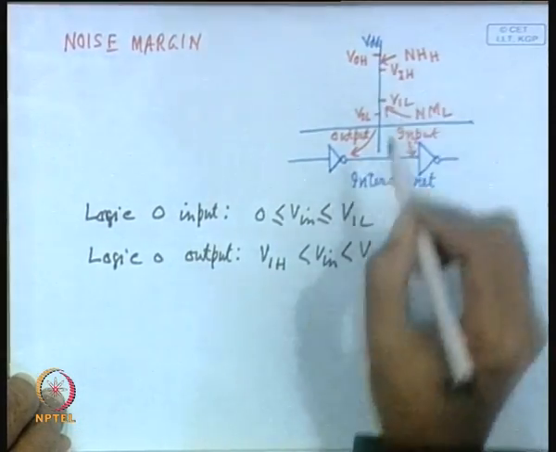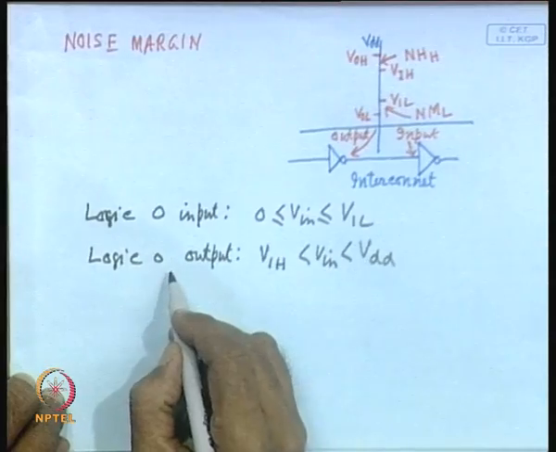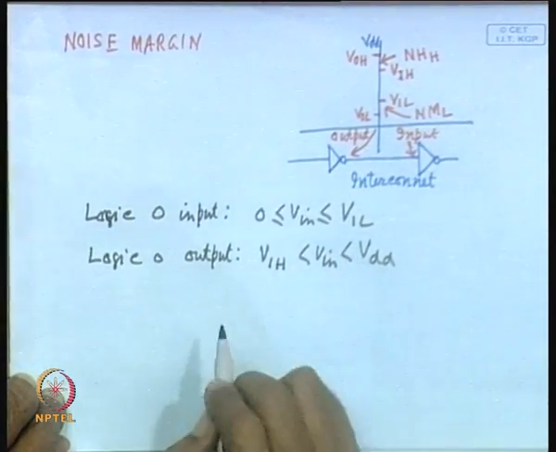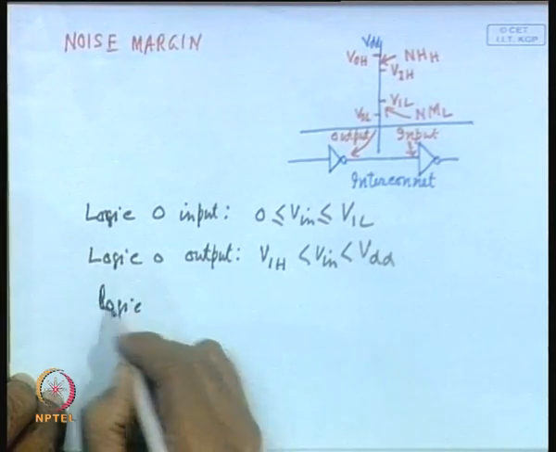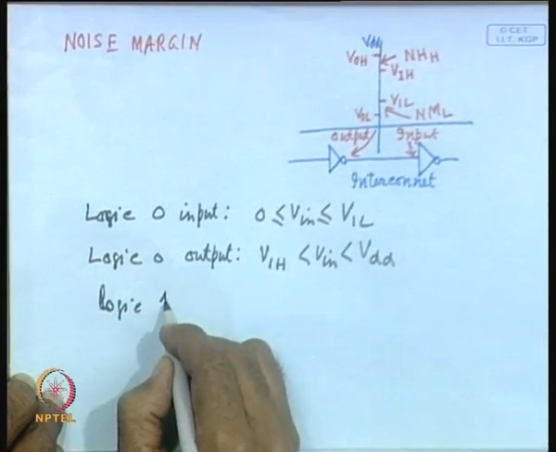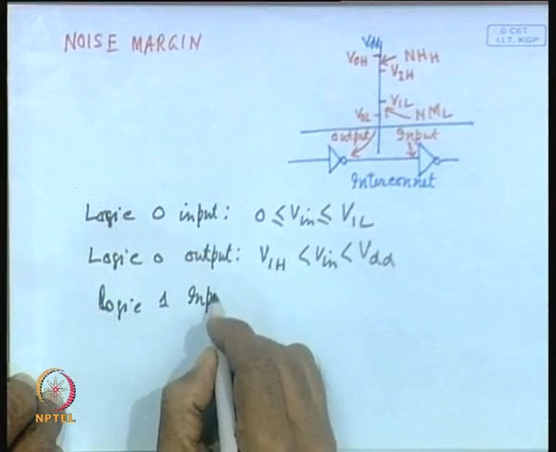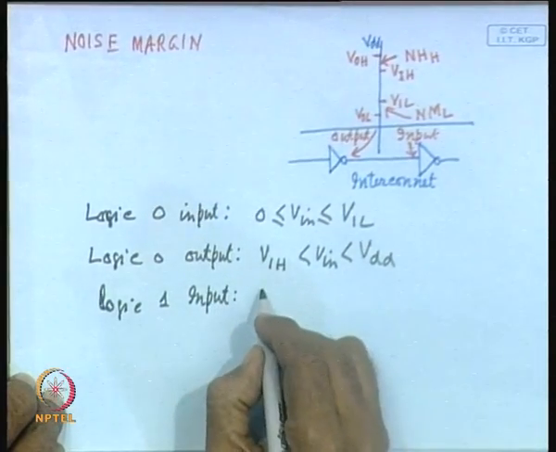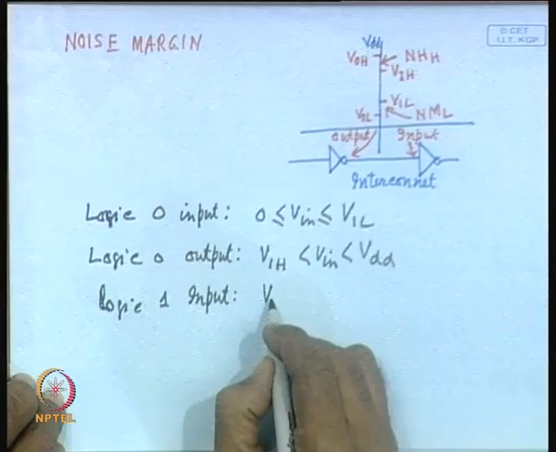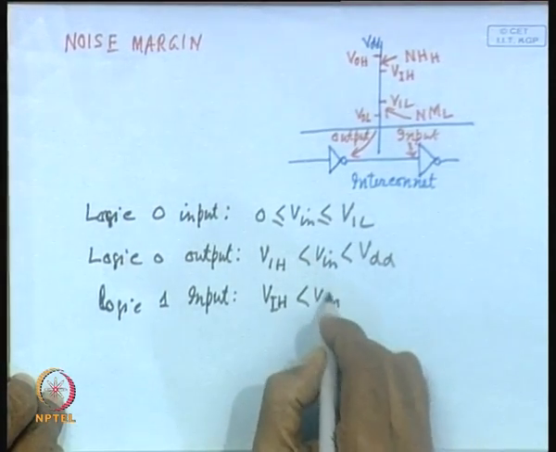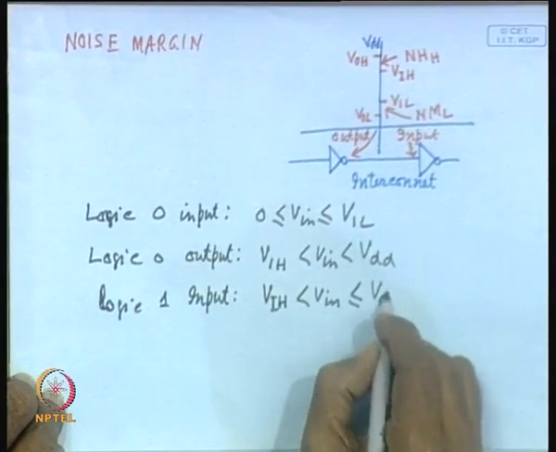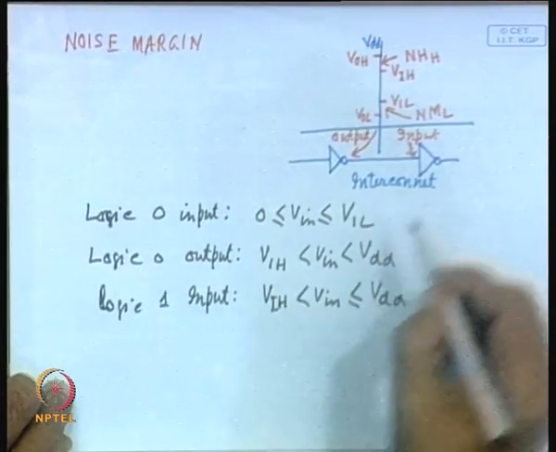As long as it is in this range, this is the logic level output that is being produced. Similarly, logic 1 input is in the range of VIH less than or equal to Vin less than or equal to VDD. This is your logic 1 input in this range.